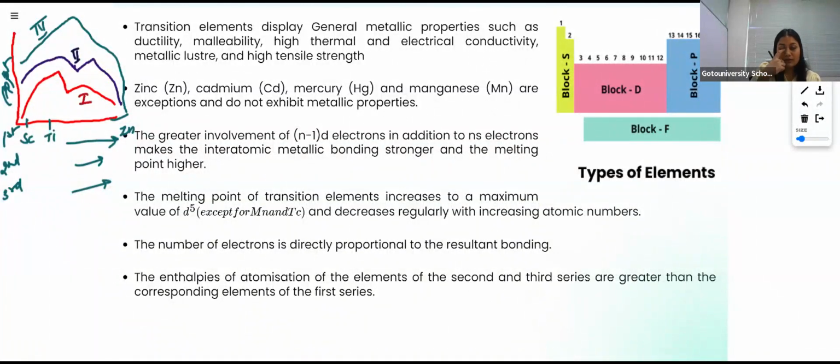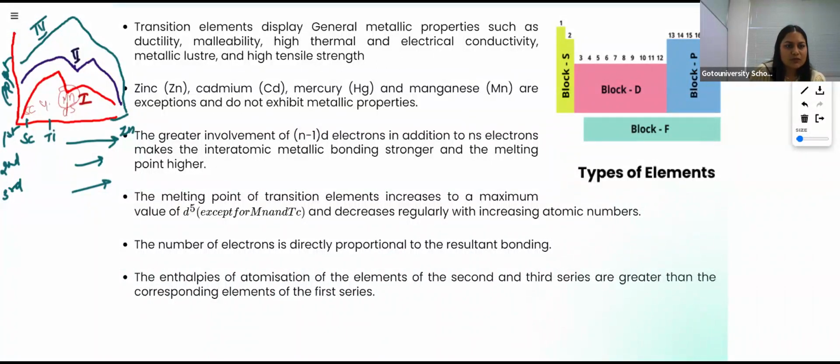Now in the first transition series, starting from scandium, this dip we observe for manganese, and the reason I have already told you: the 5 electrons present in the d subshell in the manganese configuration do not take part in the chemical reaction.